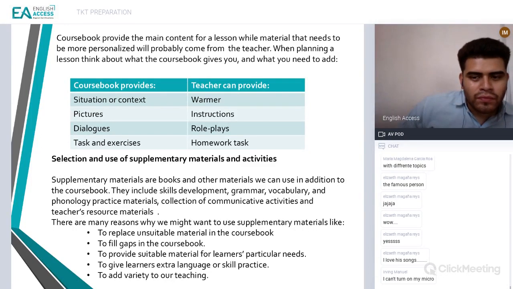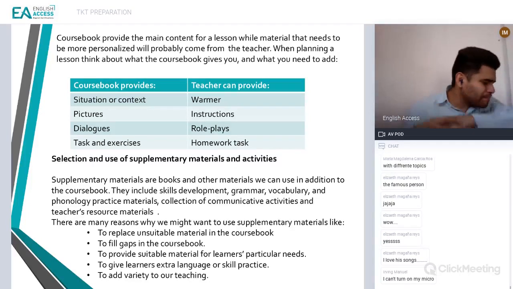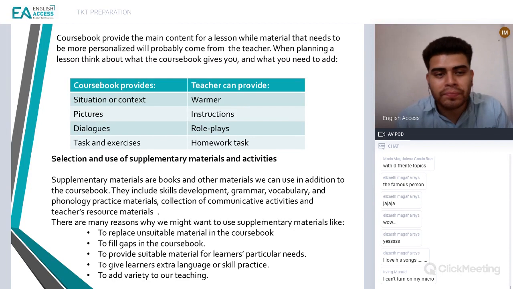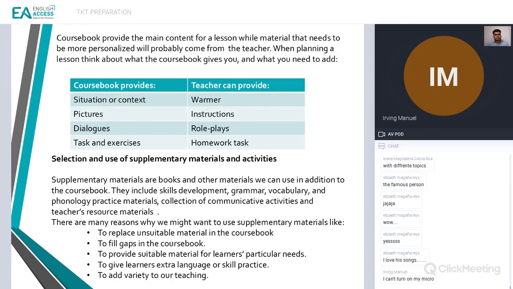Course book? Yes, please. Course book provide the main content for a lesson, while material that needs to be more personalized will probably come from the teacher. When planning a lesson, think about what the course book gives you and what you need to add.